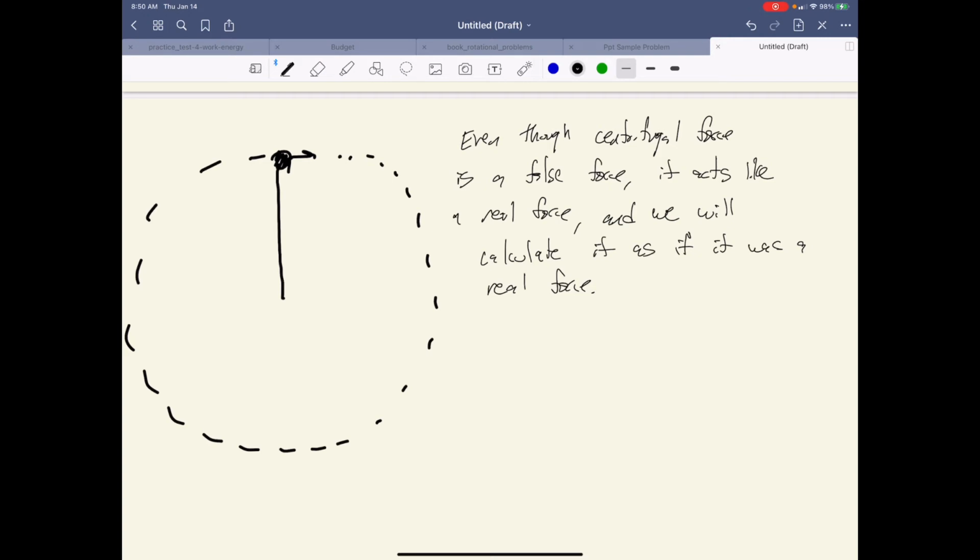So this is the part here. Now we're going to treat something, and I'll use my little arrows here. Again, it feels like it's an outward force. We know from the previous thing I talked about that it's not a real force. We know that there is an actual real life force going this way.